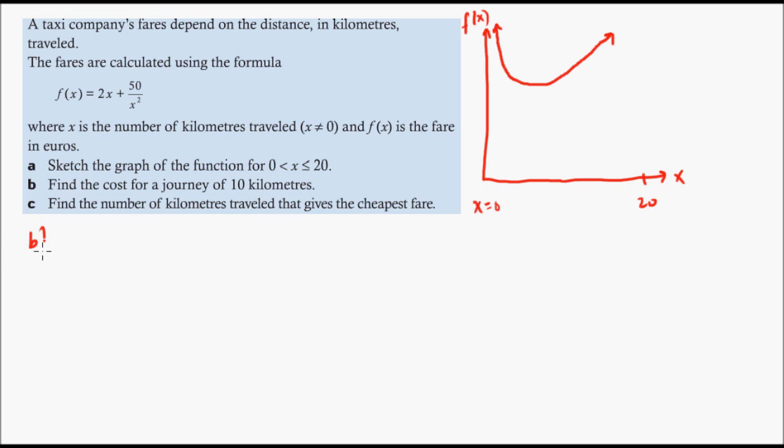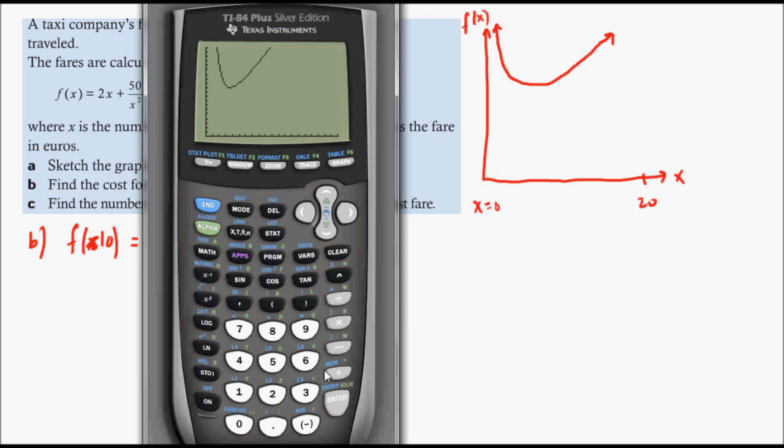Okay, well, let's do this. f of 10 will be 2 times 10 plus 50 over 10 squared. We can actually do that in our heads. 20 plus 50 over 10,000. I don't want to do that in my head, so I'm going to go back here. I can calculate here because it's within our range.